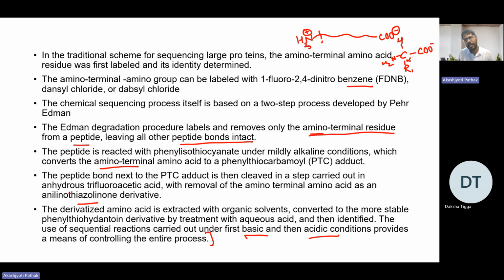So in each cycle, you will have one of these derivatives produced. This phenyl thiocarbamoyl adduct will have the amino acid residue, and then you can extract this using these organic solvents. So there are multiple chemical reactions taking place. So you will extract with the organic solvents, and then you can convert to this more stable derivative.